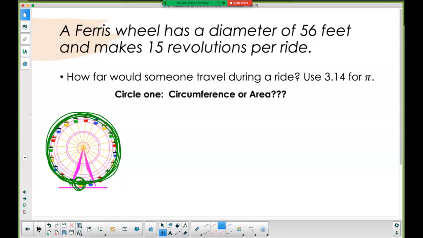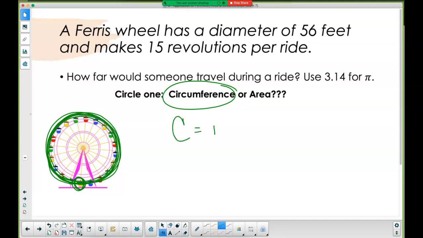Area would mean you're going over the middle. Circumference, right? You're going around the outside. If your Ferris wheel cart went all over the middle, I don't know how that would work.